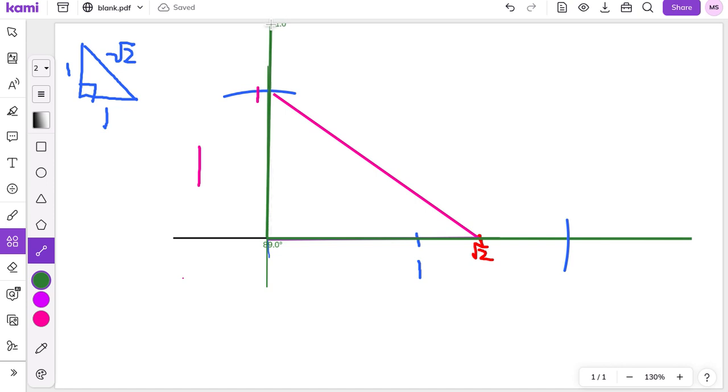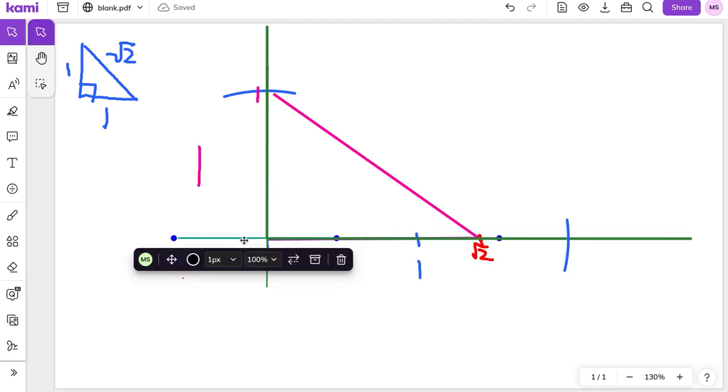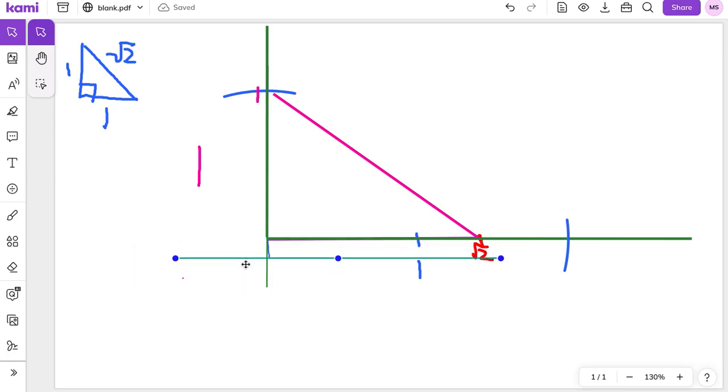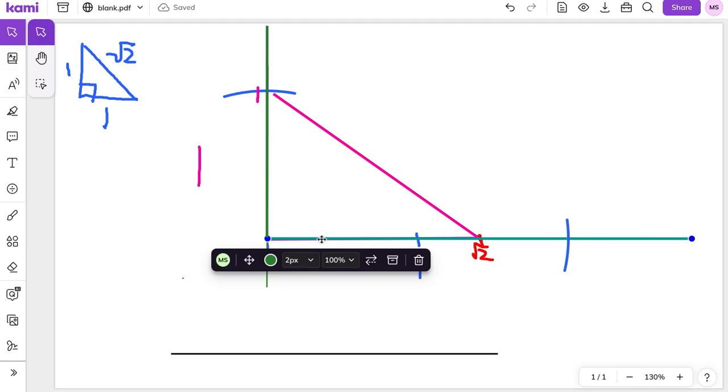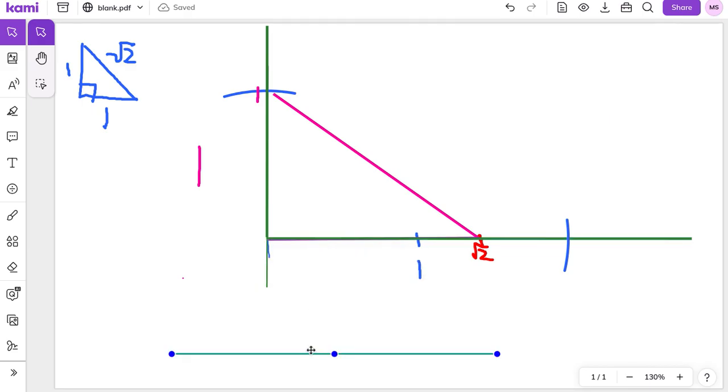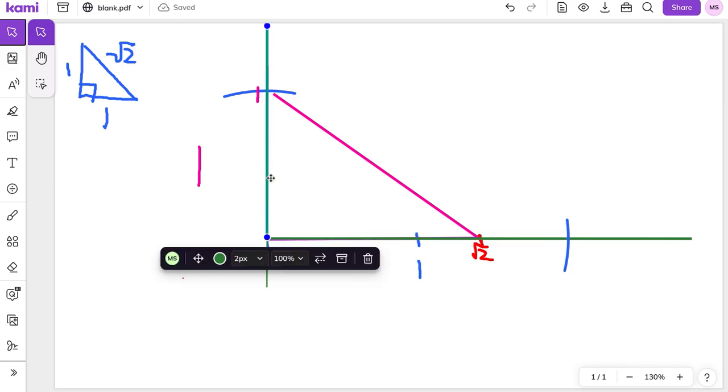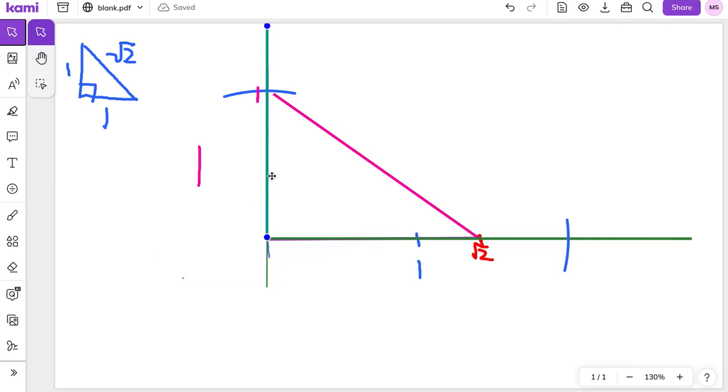Unless, through the magic of Kami, we can move it down. Oh boy, I hope that's not going to be arbitrary again. I wish I could move them all together. Yeah, you could. There's the thing on the left corner. I wish there was a way to select more than one line.